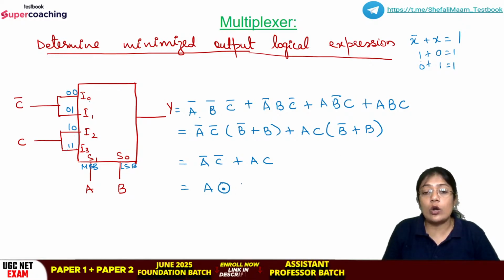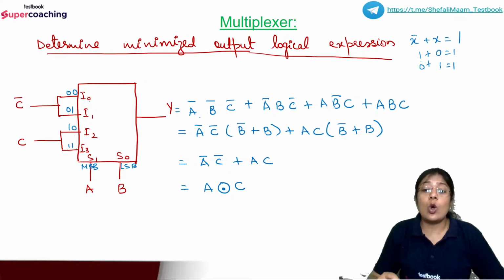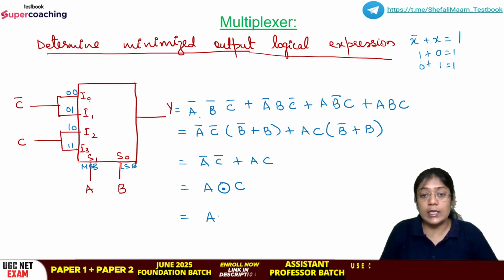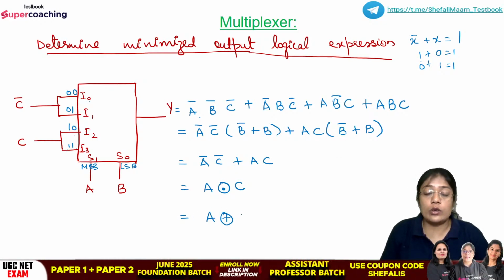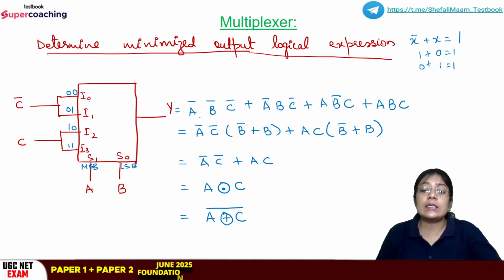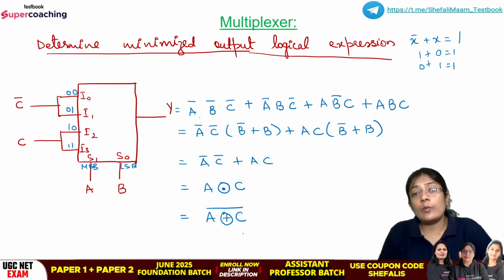which is nothing but the expression for XNOR, A XNOR C. And we know that when the number of inputs are even, then XOR and XNOR are complement of each other. So I can also write it like A XOR C complement. Because for even inputs, यहाँ पे मेरे पास दो inputs हैं, A and C, even inputs, then XOR and XNOR are complement of each other.